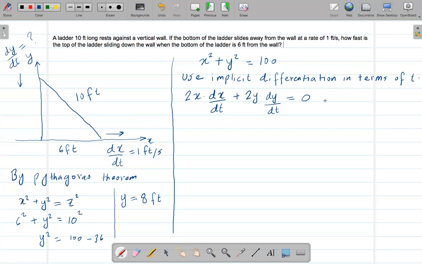All right, so what we can say here is, we know the value of x. It's 6 feet, so 2 times 6, we know the value of dx over dt, which is 1, plus 2y. We know the value of y, which is 8. We are trying to find the value of dy over dt.